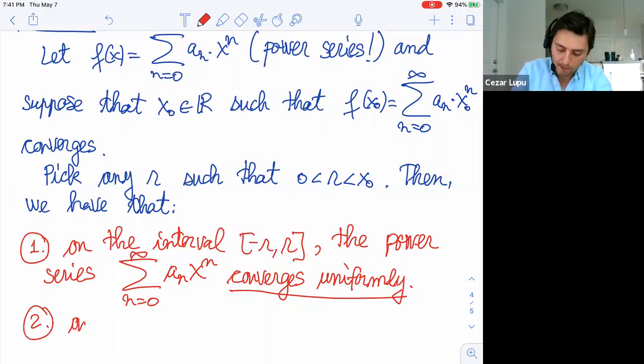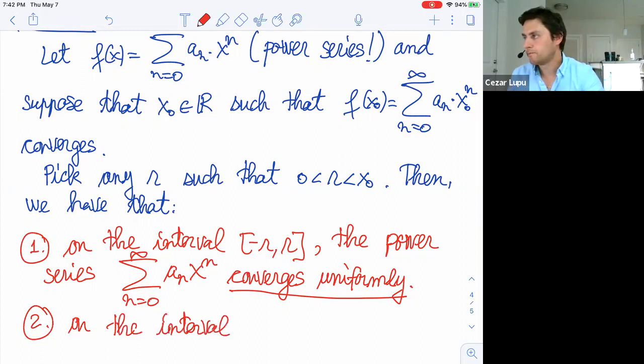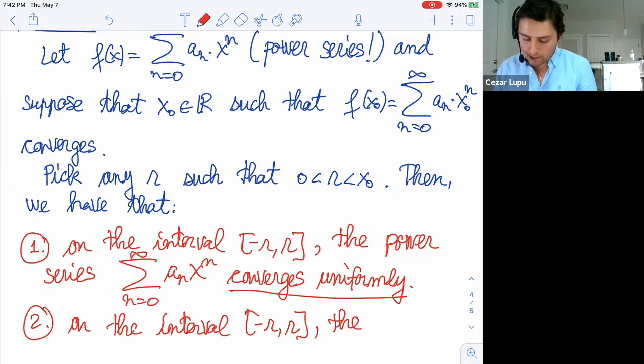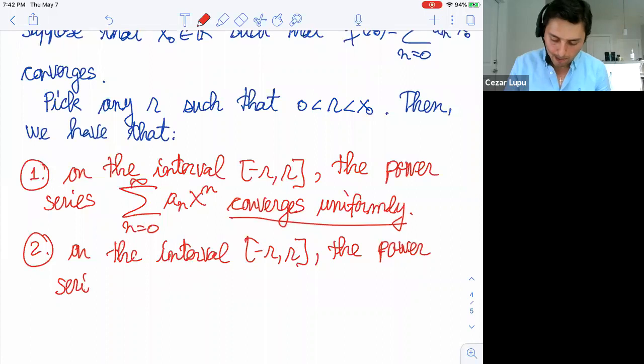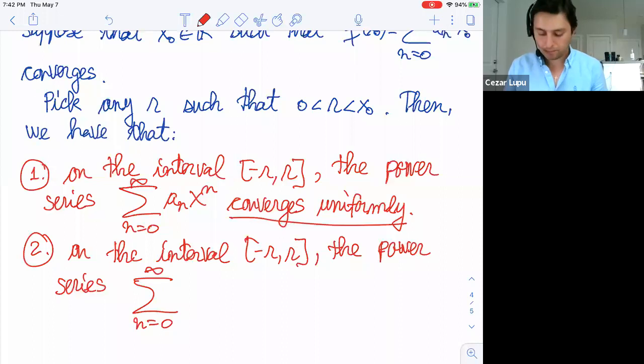On the closed interval [-R, R], the series of the derivatives, the power series, the sum from n equals 0 to infinity of a_n times n x to the power n minus 1.